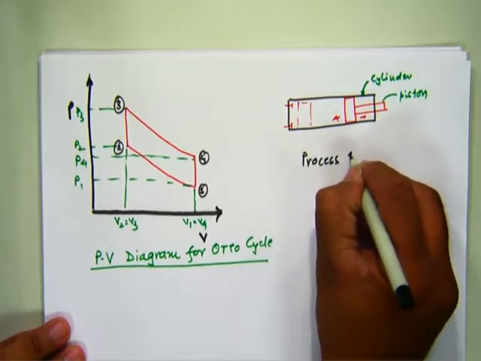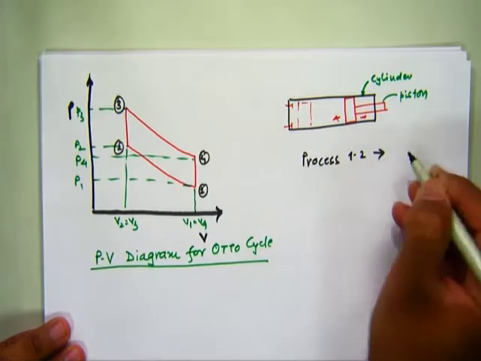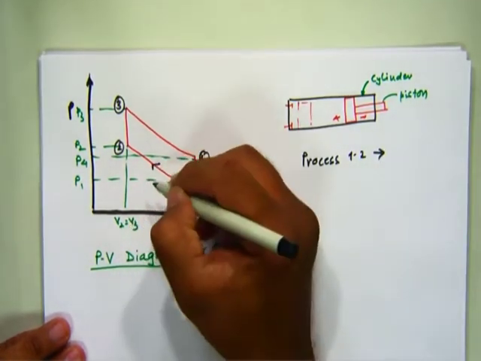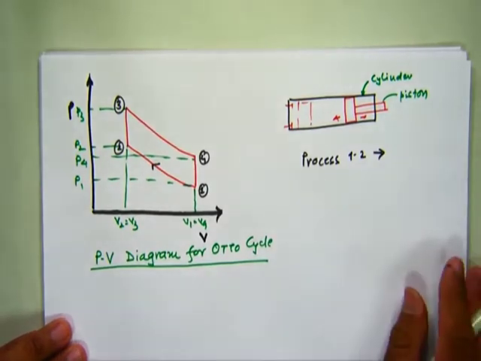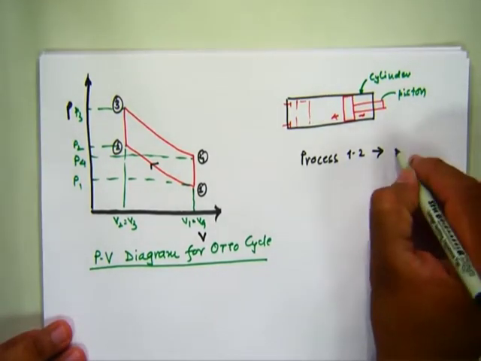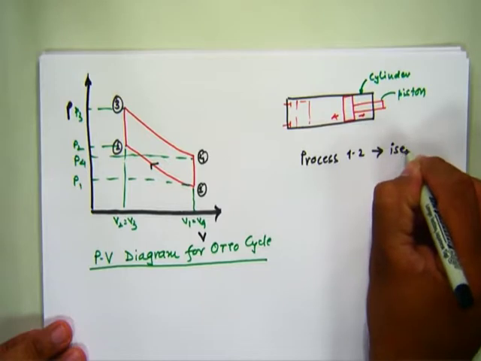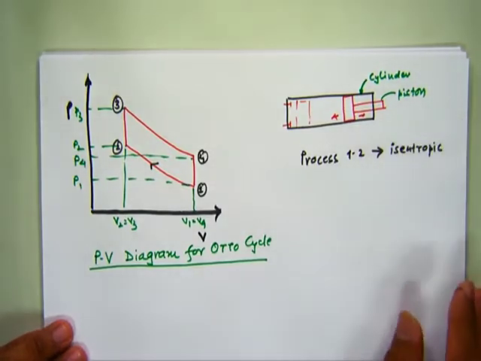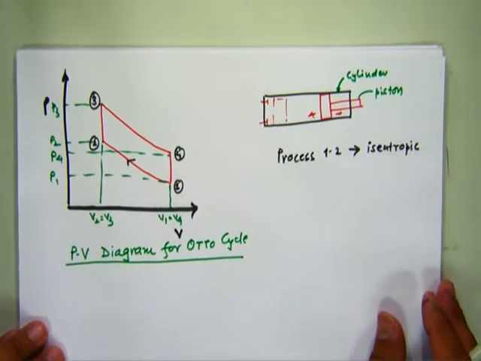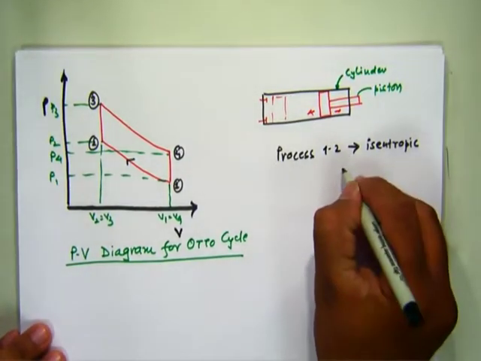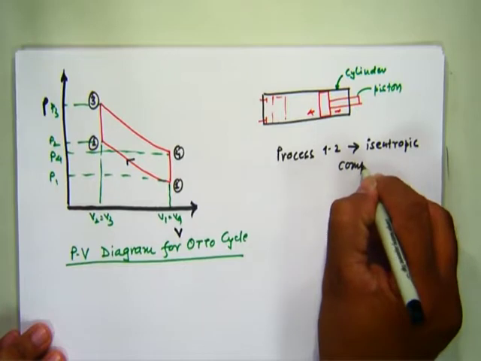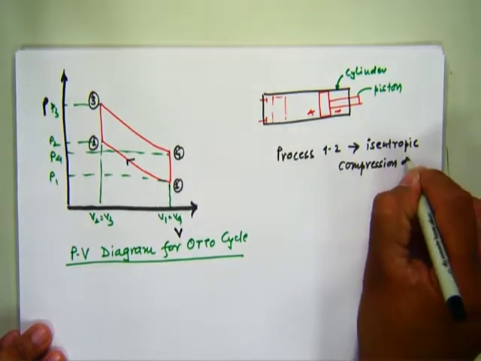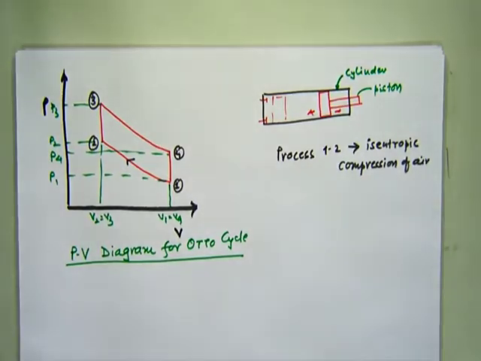Process 1-2 here. It is isentropic compression of air.